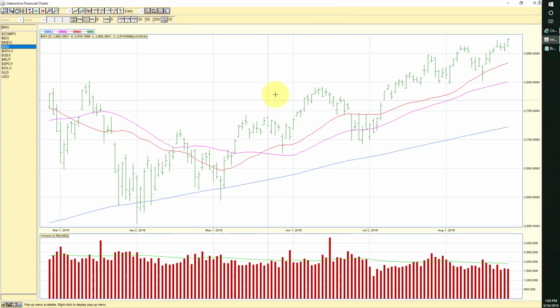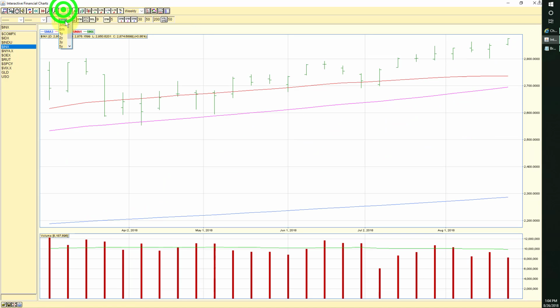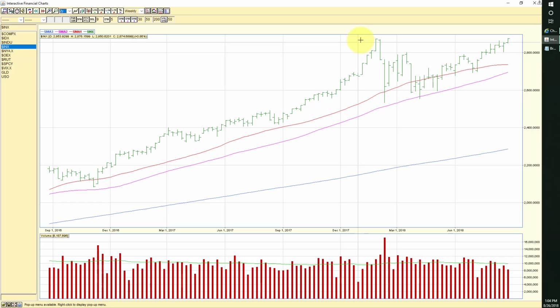Moving on to the S&P 500 Index, the index I feel like most represents our watch list. Starting with a weekly 2-year chart. We are wrestling with all-time highs, but we're doing so on low volume.